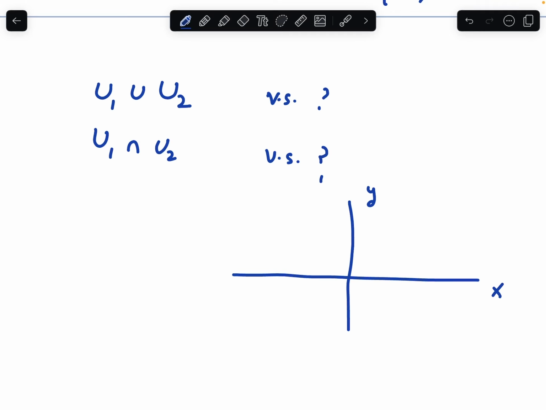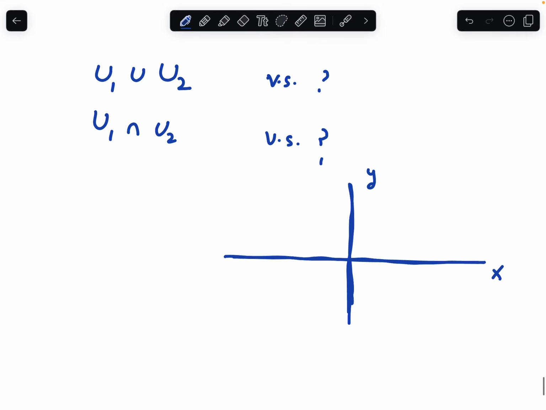The x-axis is U1, the y-axis is U2. So the union is nothing but this plus sign: the y-axis and x-axis. That's it.